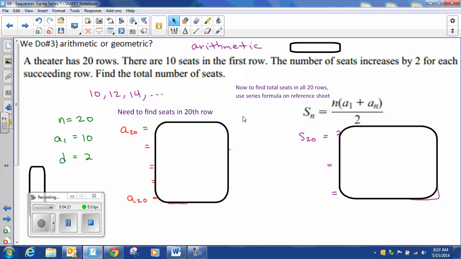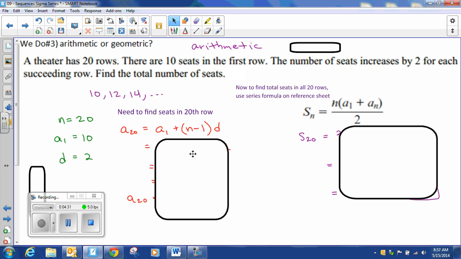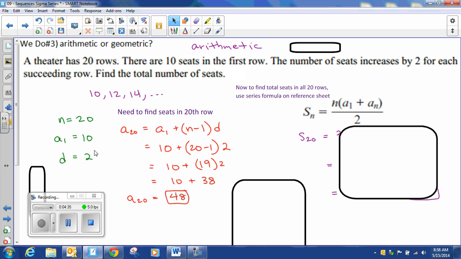In order to sum all 20 rows, we need to find how many seats are in the 20th row. So once again, we're going to use that memorized formula to find the 20th term. We plug in our values: the first row has 10, 20 goes in for n, and the common difference is 2. 48 seats are in the 20th row.